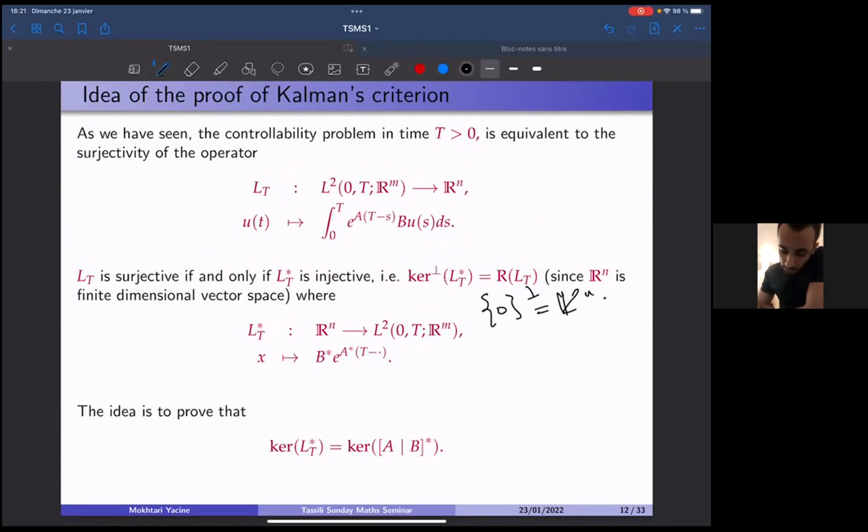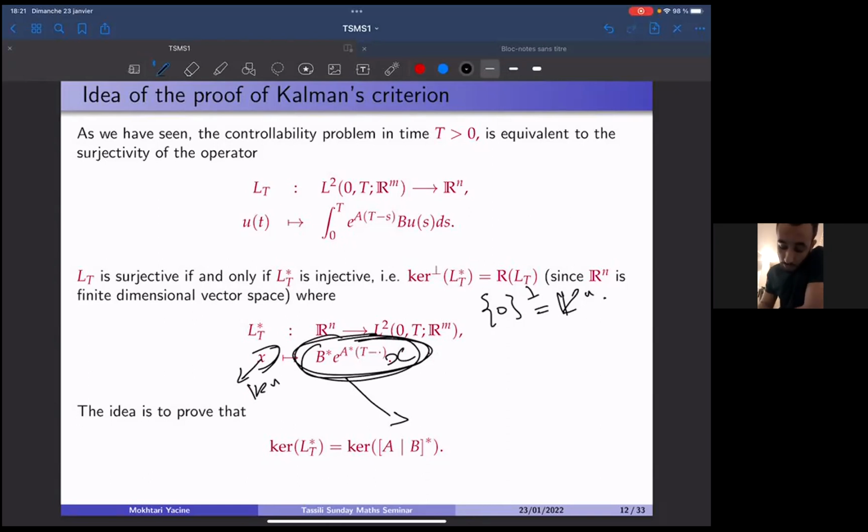As a simple interpretation, we can compute the adjoint. The adjoint of this LT operator takes some x from R^n and gives us this operator, LT adjoint. The idea is to proceed from this formula to prove that the kernel of this operator is exactly the kernel of the adjoint of the Kalman matrix.